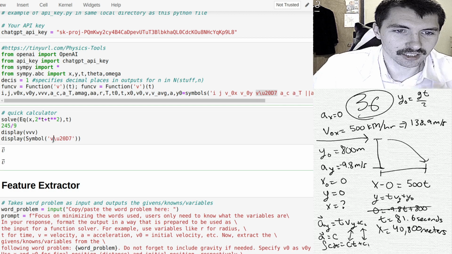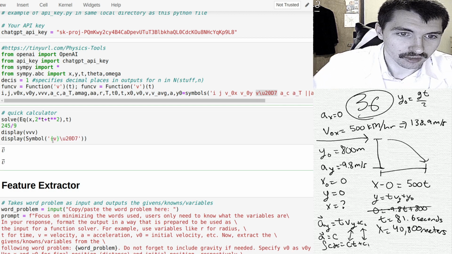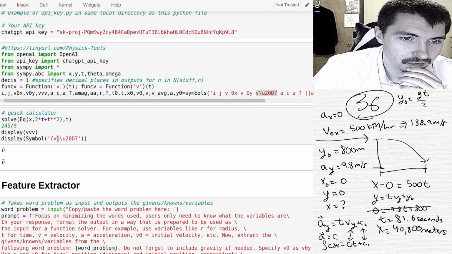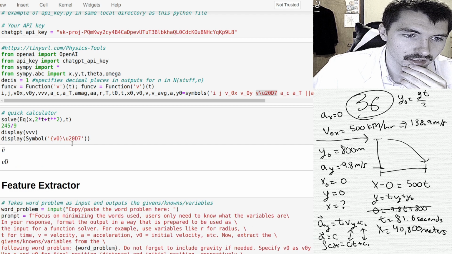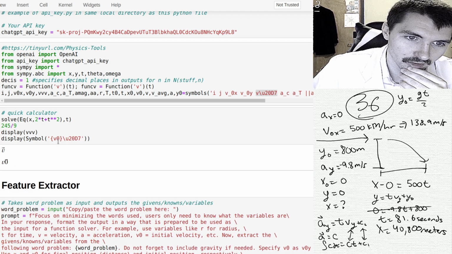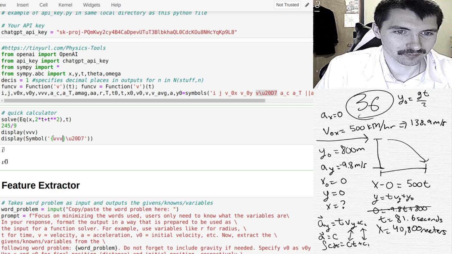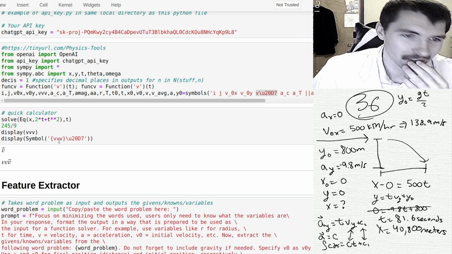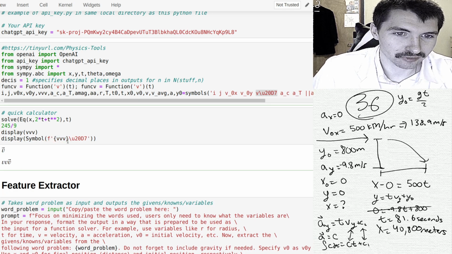Okay, what if I spliced V into here? Okay, V naught. That doesn't work either. Just put an F in front.